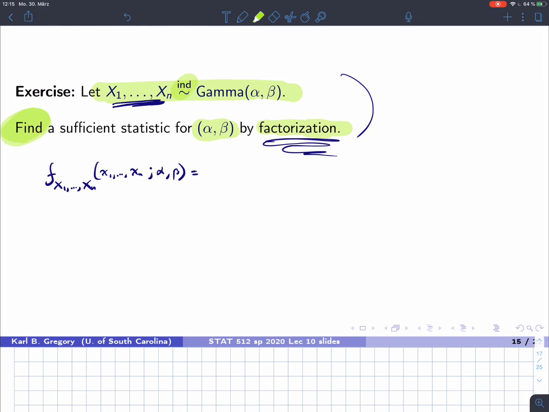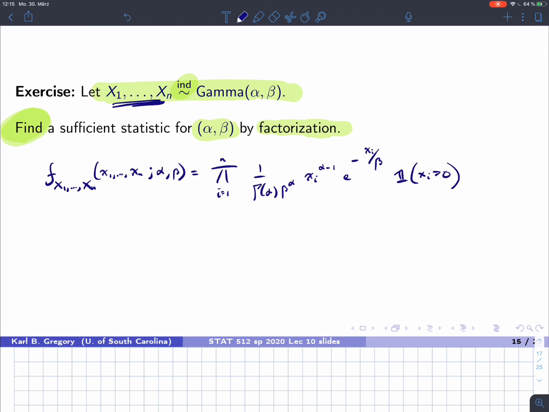Since I've got independent random variables, this is the product of so many gamma densities: xi to the alpha minus 1, e raised to the minus xi over beta. Let's make that prettier. And let me just go ahead and keep the indicator functions which tell me that the support is greater than 0.